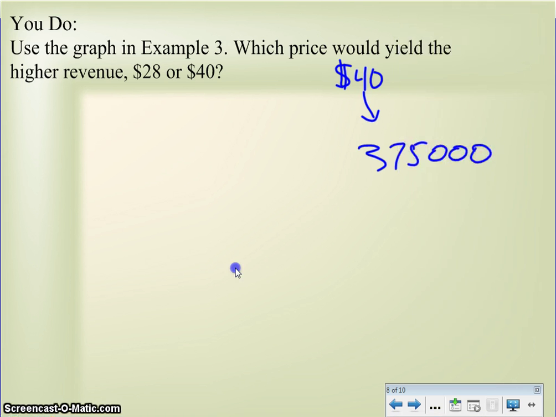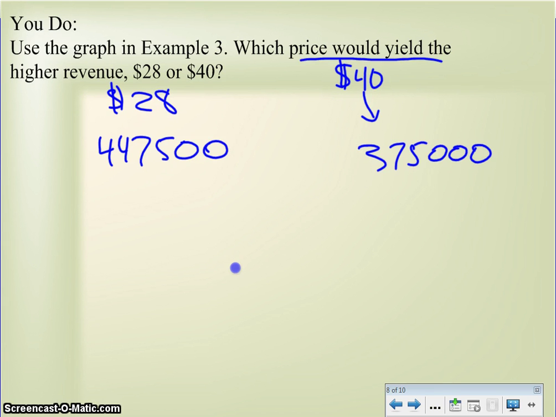So for that value, we'll say 447,500 with the price point at $28. And the question is, which price would yield the higher revenue? 447,000 beats 375,000. And so $28 would actually yield a higher level of revenue.